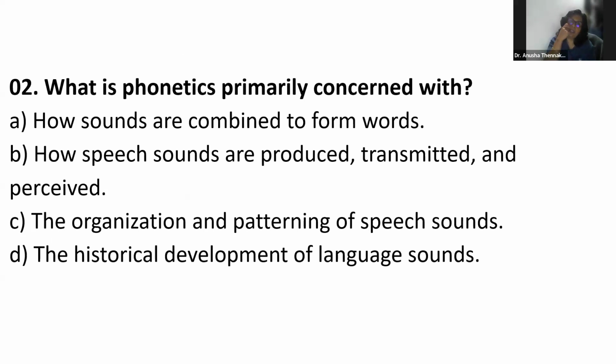What is phonetics primarily concerned with? Yeah, now you can answer orally also. Now most of you are answering B, correct. How speech sounds are produced, transmitted, and perceived.